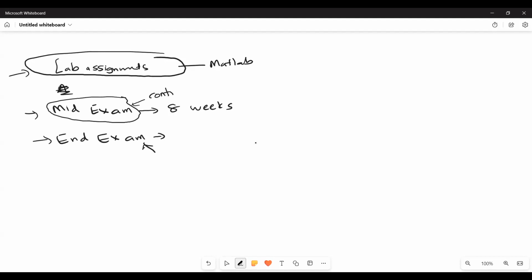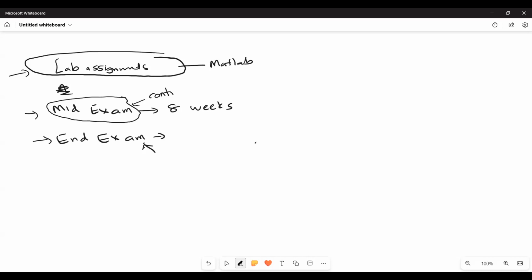For the end exam, if you have less marks, you can repeat the exam in the next semester in which it is delivered. Only the end exam you have to repeat. The mid exam is done during the class, so it is like a sort of assignment as well.